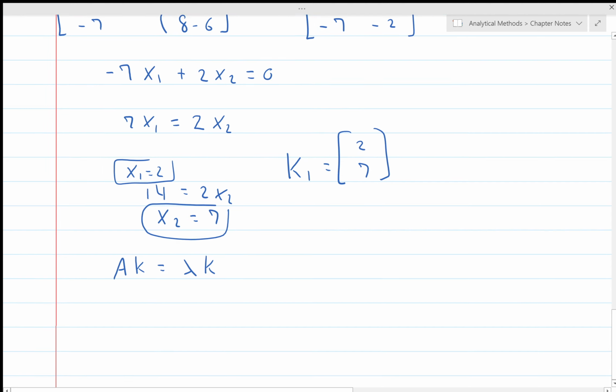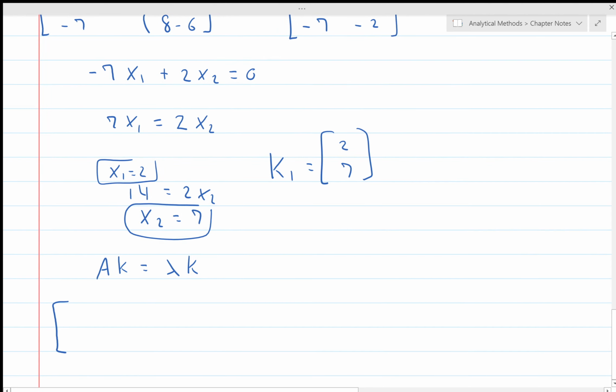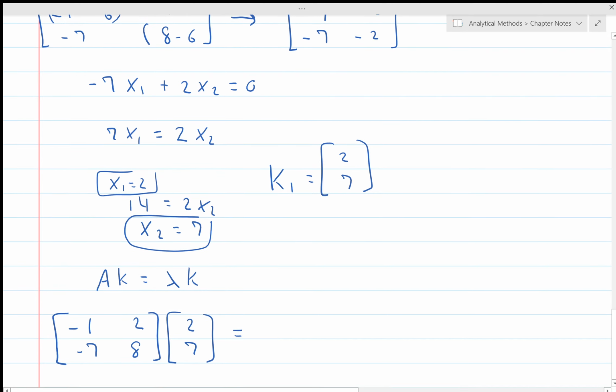Zoom out a little more. So A, in this case, is -1, 2, -7, and 8. My k vector here is 2 and 7, which is equal to my lambda of 6 times k, which is 2 and 7.